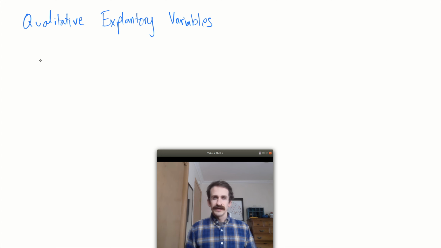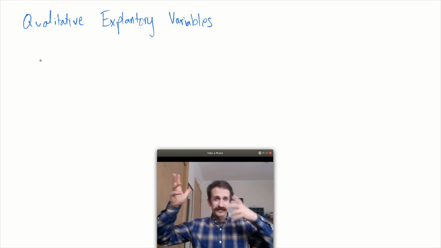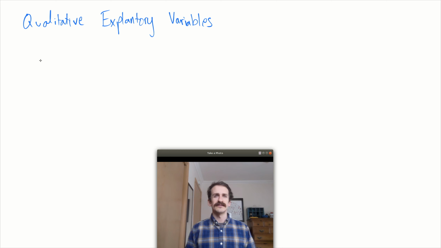As we'll see in this chapter, using qualitative explanatory variables in a regression allows us to actually perform t-tests and ANOVA. So ANOVA is actually regression, just a very cool thing. And I think it helps you to put together all the things you've learned in statistics into one kind of a framework.